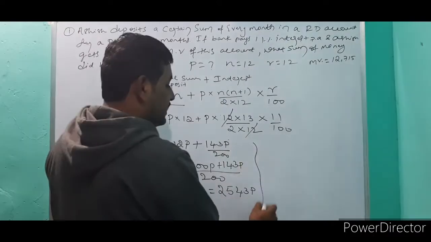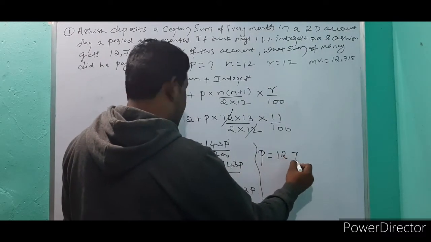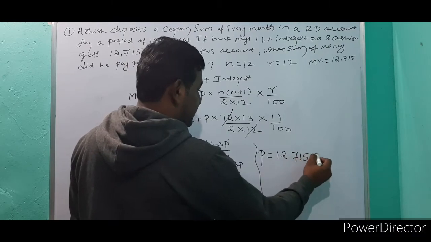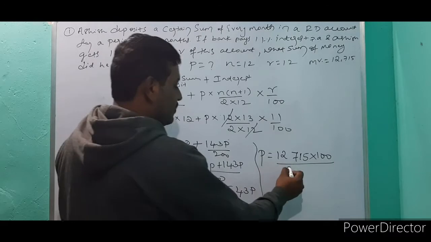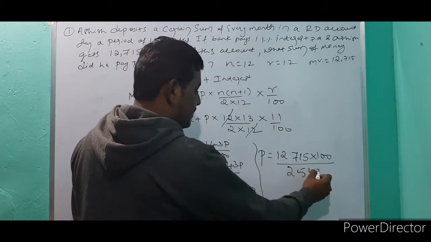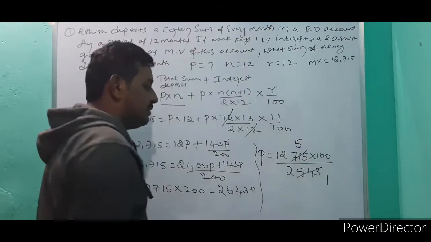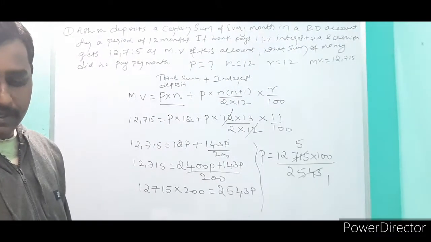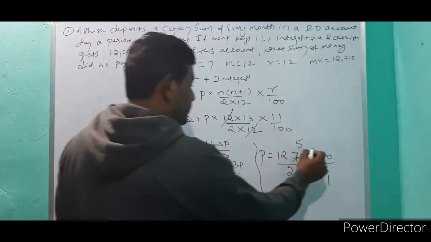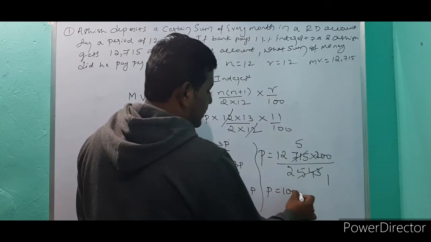Now we can easily find out P is equal to 12,715 into 200 divided by 2,543. It will cancel, 2,543 into 5 is 12,715, so 200 into 5, 1000 rupees.